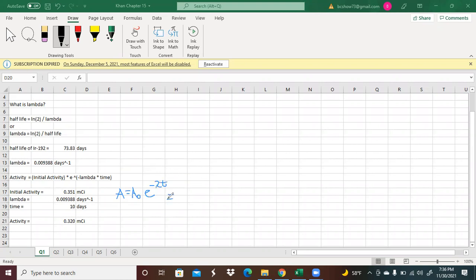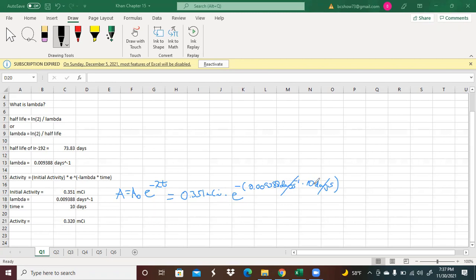This is the same as saying 0.351 millicuries times e raised to the minus 0.009388 days to the minus 1 power times 10 days. Now what happens here? Well, the days pretty much cancel.